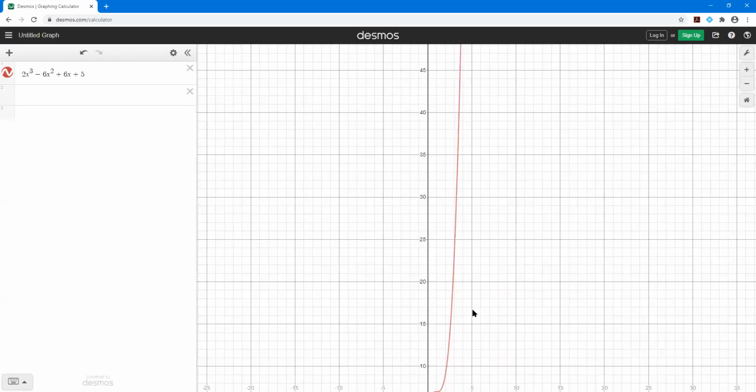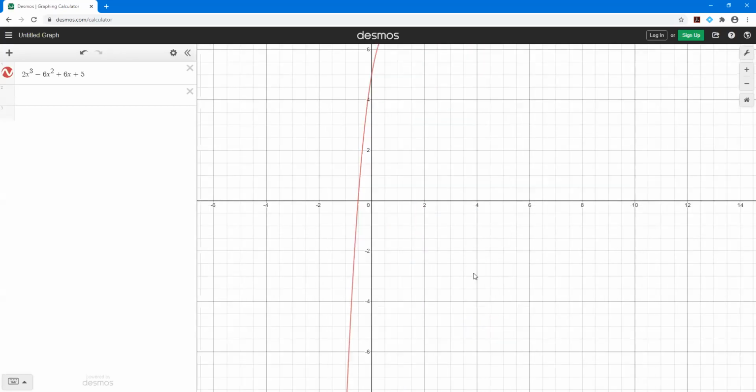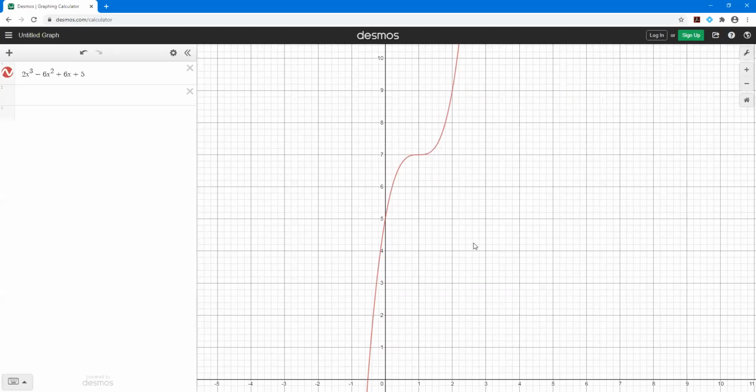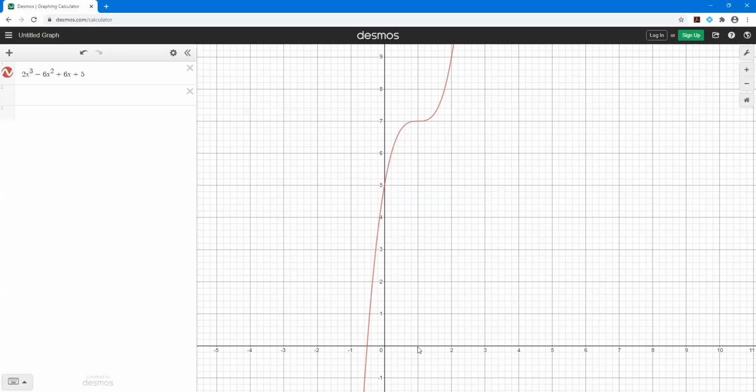And look at the point 1 here. I'm just zooming in. This is the point 1. Look at the point 1.